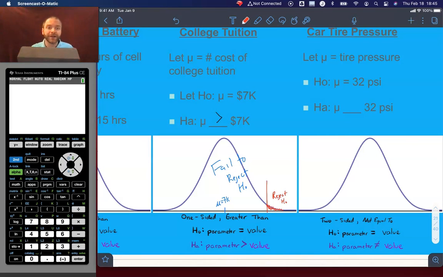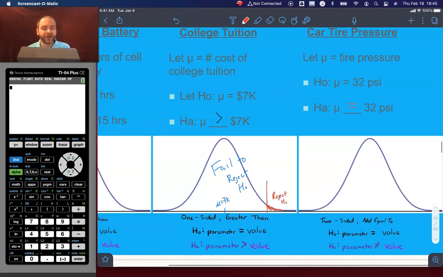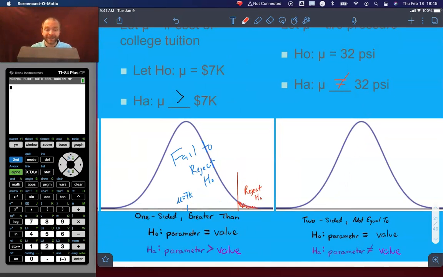You would ruin the tire. So in this case, it's a two-sided significance test. We would have an alternative hypothesis where we care if it's both greater than and also less than. So we care if it's in either of the tails. We don't care which one, we just don't want it to be there.